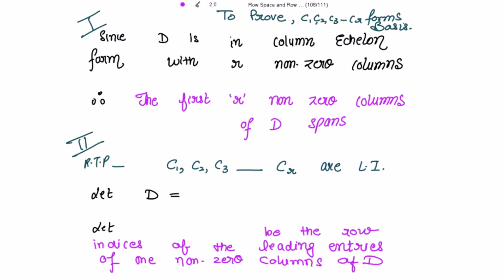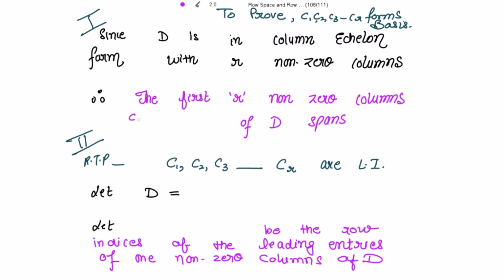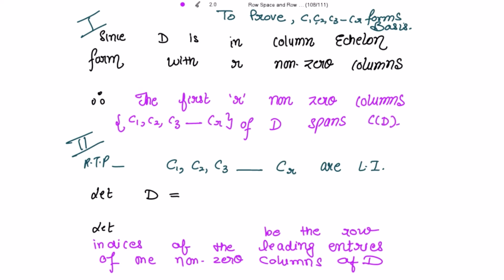Since D is in column equivalent form with r non-zero columns, the first r non-zero columns, that is C1, C2, C3 up to Cr of D, span the column space of D. This is already given.